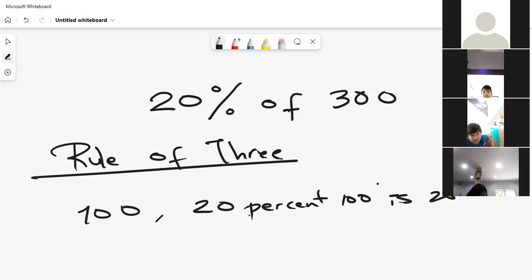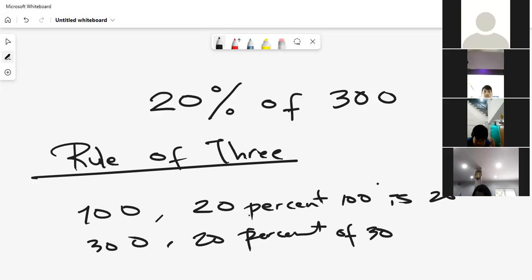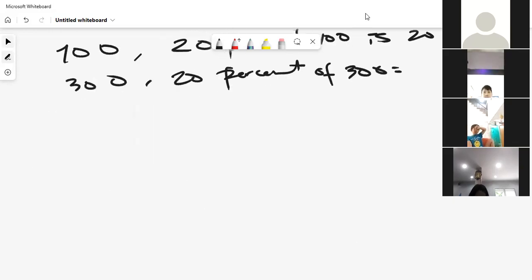If there are 300 children, then 20% of 300 will be 300 times 20 divided by 100.